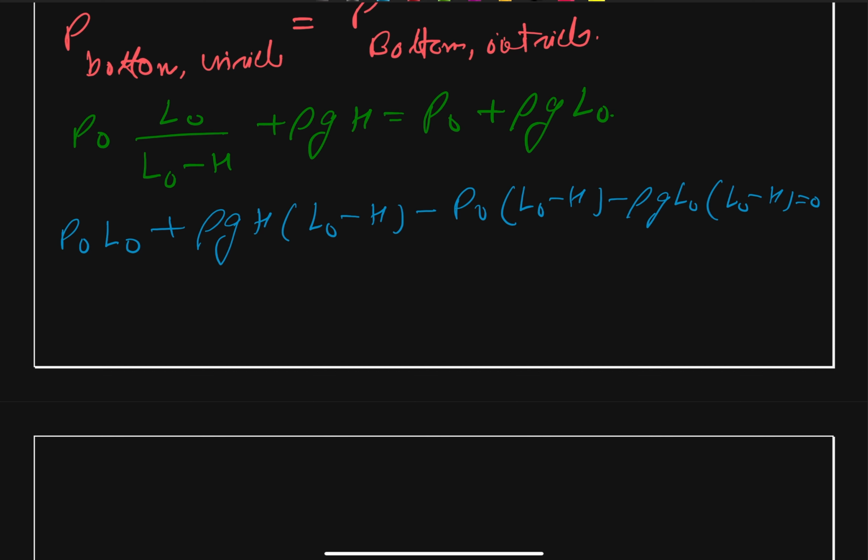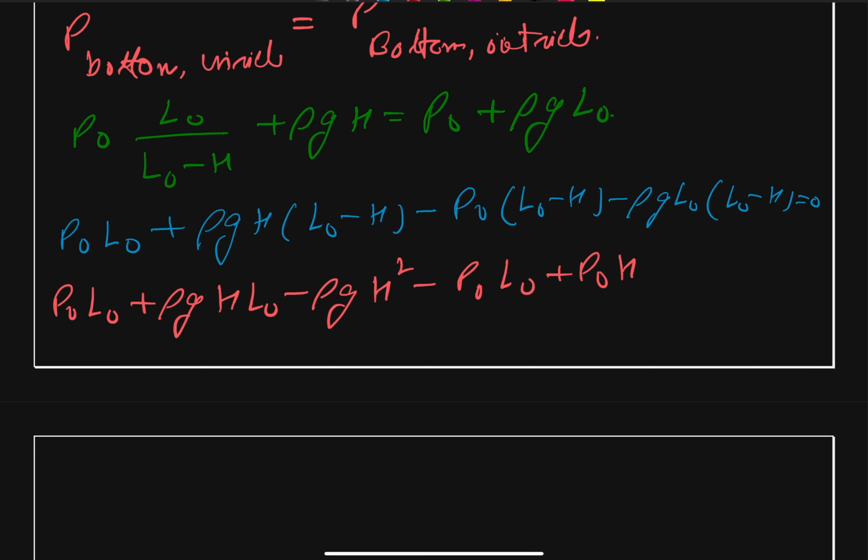And we simply open everything. So we get P naught L naught plus rho G H L naught minus rho G H square minus P naught L naught plus P naught H, and this comes as minus rho G L naught square plus rho G L naught H is equal to 0.